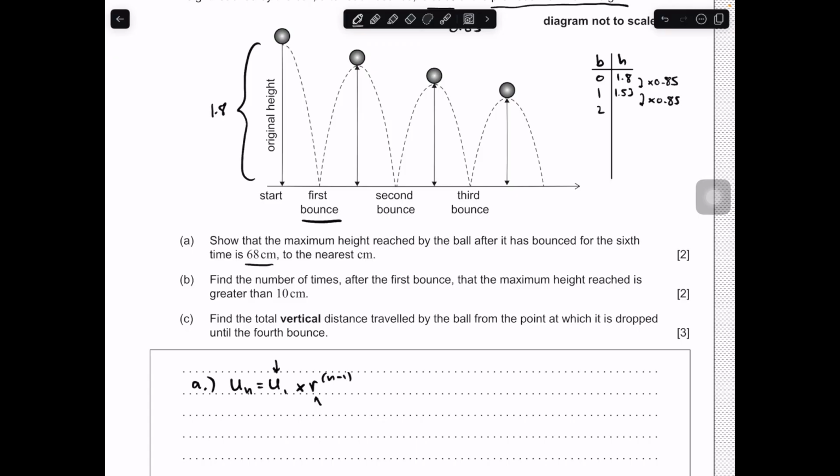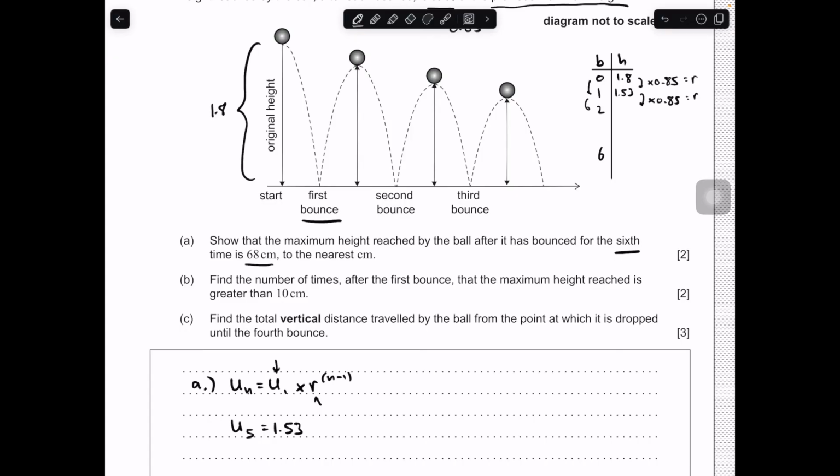So conceptually, if we want to find the maximum height reached at its 6th bounce, we can ask ourselves, how many times do we need to multiply by r, this 0.85, in order to get there? So here is 1, 2, 3rd bounce, 6th bounce, 5 times. So in this case, we know that u_1 is going to be 1.53.